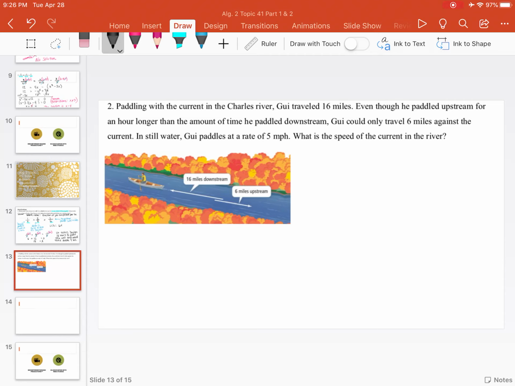So if you recall, distance equals rate times time. So another way that we could rewrite this, if I wanted to solve for just time, time is equivalent to distance divided by rate.